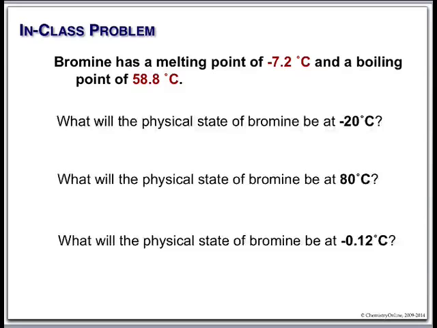So if we start at -7 and go up to 0, we're putting energy in and it melts. If we go up above 58, it'll be the gas. This is below our freezing point, isn't it? Because it's below the melting point, this will be a solid. Melting point, freezing point, same thing.